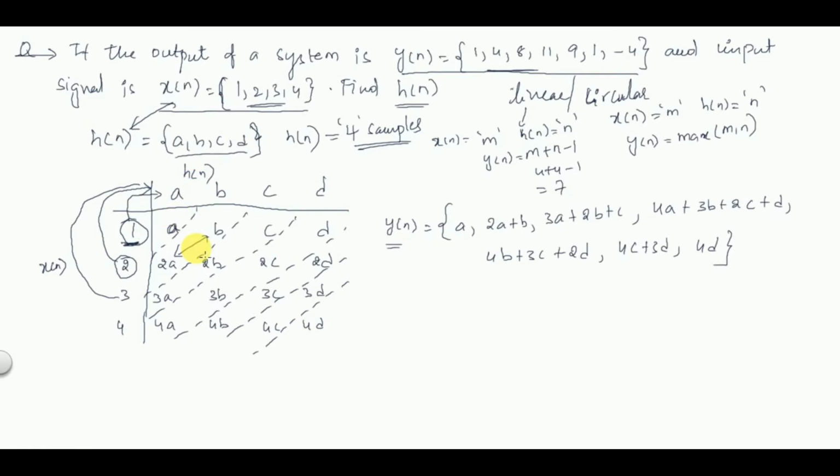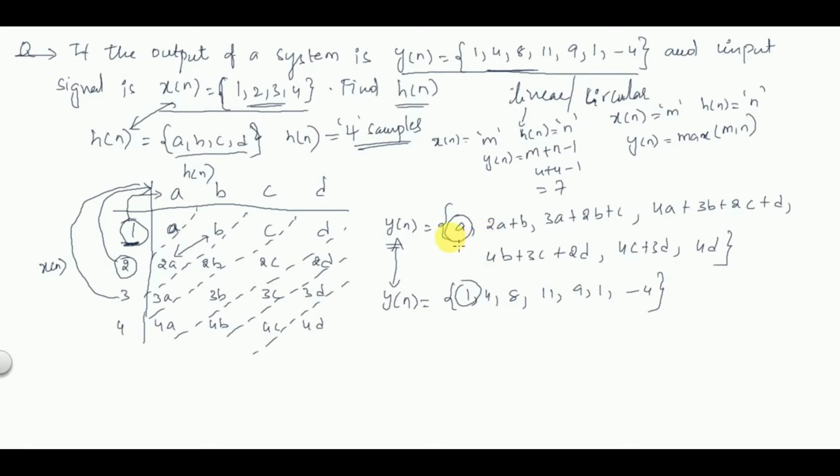This is y of n when you have taken h of n is equal to a, b, c, d. But the given y of n is equal to 1, 4, 8, 11, 9, 1, minus 4. So just equate the corresponding elements. Both represent y of n only, so you can equate the elements at the corresponding positions.